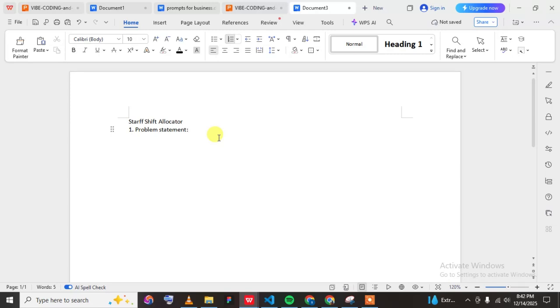Now this staff shift allocator is for a company, basically like a hospital. They have, of course, staff that would work morning shift and night shift, and these things are done manually.